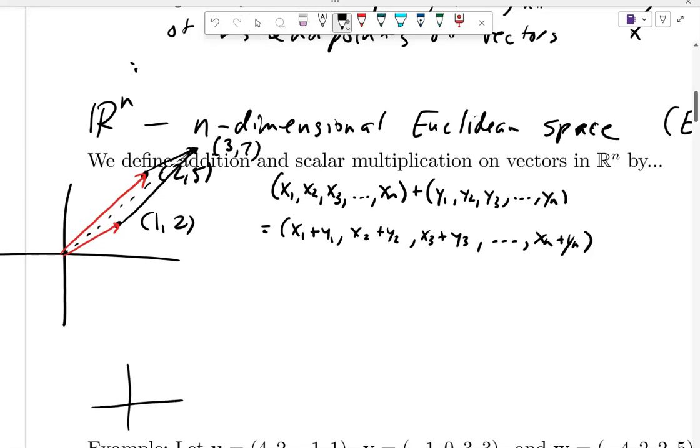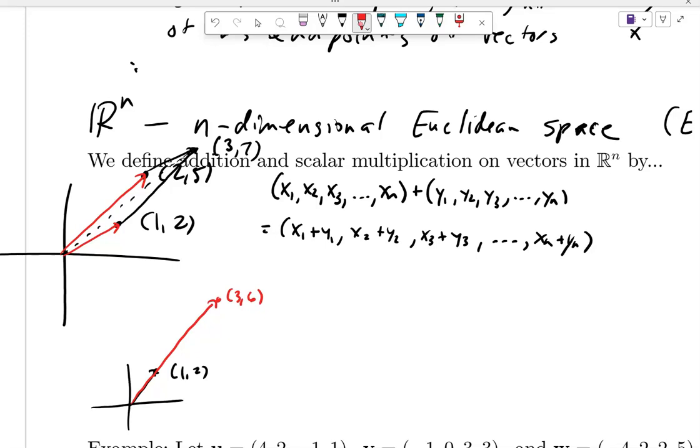Let me see if I can draw this a little bit better to scale. If I have the vector (1, 2) and I want to multiply that by 3, I'm not going to change its direction, but I would make it 3 times as long, right?